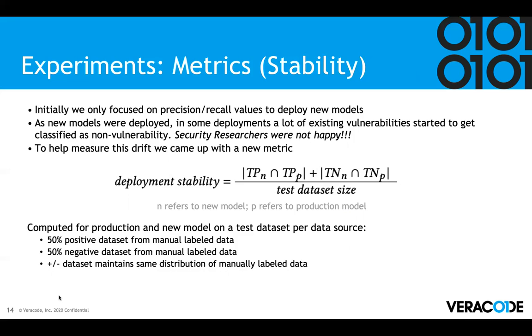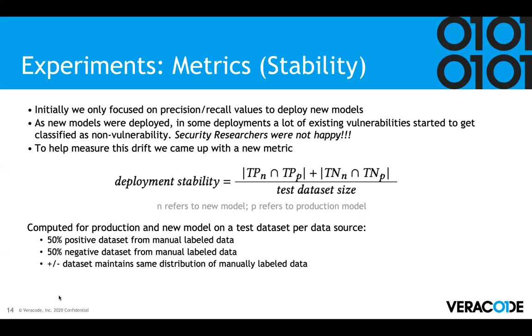Whatever the researchers had labeled as a vulnerability or a security issue, a new model would start predicting as a non-security issue, or non-vulnerable. Sometimes this happened for a lot of data which had already been vetted by the security researchers. This is a unique issue we could only find when we were actually making deployments in production. So that's why we came up with this metric.